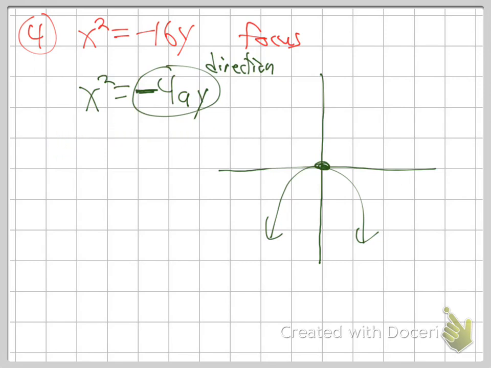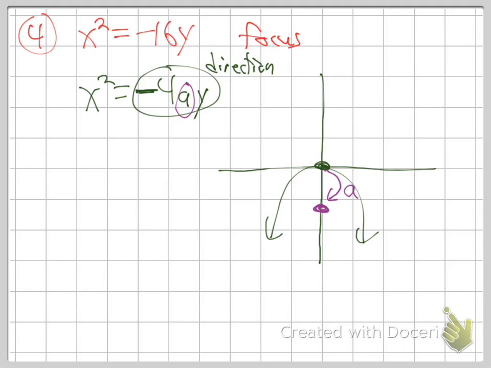It's going down, okay? So that means the focus is somewhere down here. How do I know where? It's the A. Remember what A is? The distance from the center to the focus, that's A. A, B, and C are always the distance from the center to whatever we're looking for.